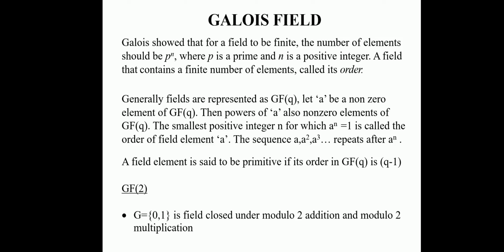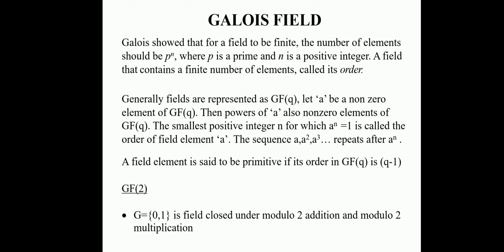Then we can say that a field element is said to be primitive if its order in Galois field of Q is Q minus 1. For example, if a Galois field consists of 5 elements, and we take an element A whose order is also 5 minus 1, that means 4, then we can say that it is a primitive element.